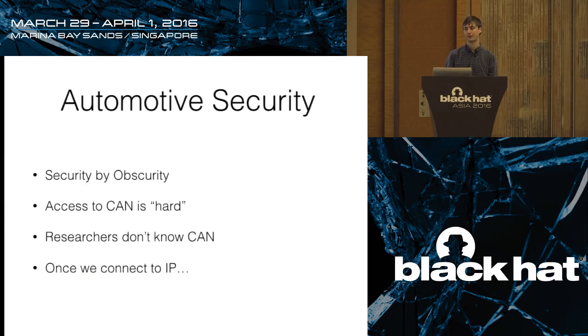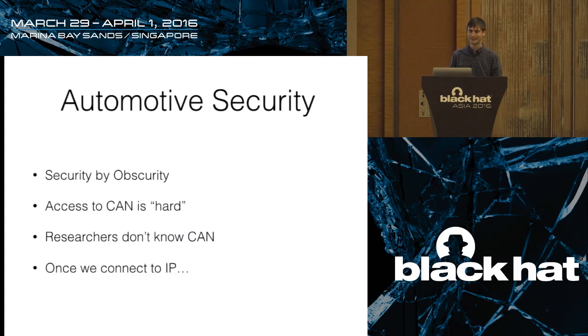Autosec.org, you can still find those, and they're actually great research to get your feet wet with automotive security. And they realized that once they could get on the bus, a lot of the stuff became pretty easy. And this assumption that it was hard and that the tools were expensive, it broke down.